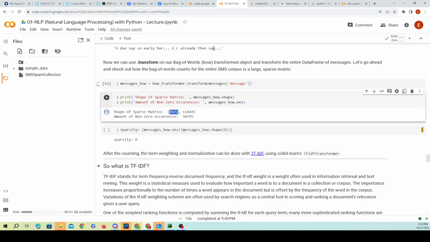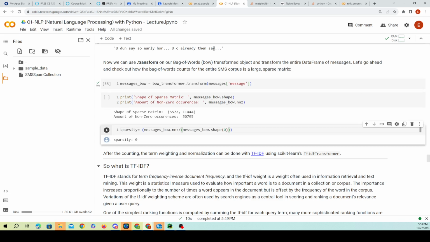So in the matrix that we created, the matrix is going to have 5,572 different columns and 11,444 rows. We want to multiply them because that's going to be how many entries we have in that matrix.